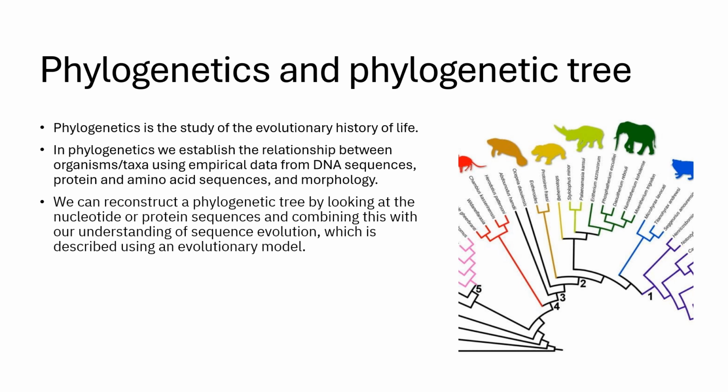We can construct a phylogenetic tree by looking at the nucleotide or protein sequences and combining this with our understanding of sequence evolution, which is described using an evolutionary model.